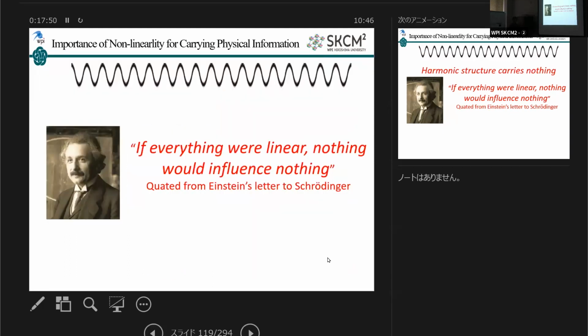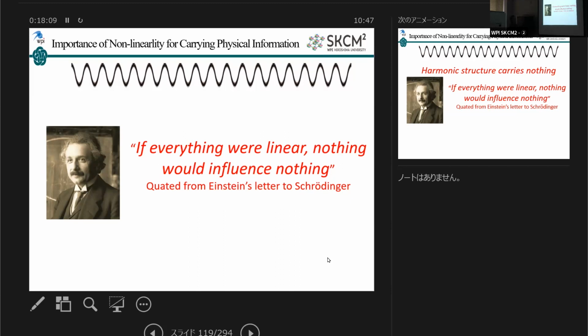This is almost finishing, and the chair is never coming. But here is something interesting. A letter written by Albert Einstein to Schrödinger.